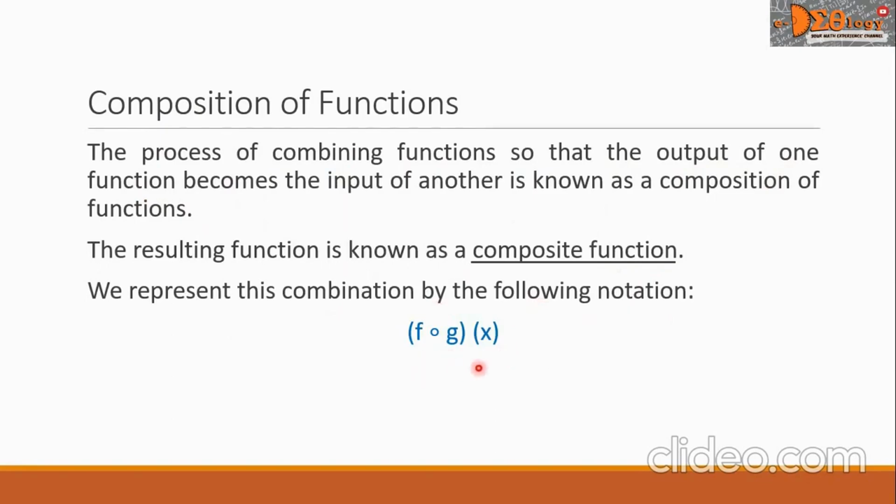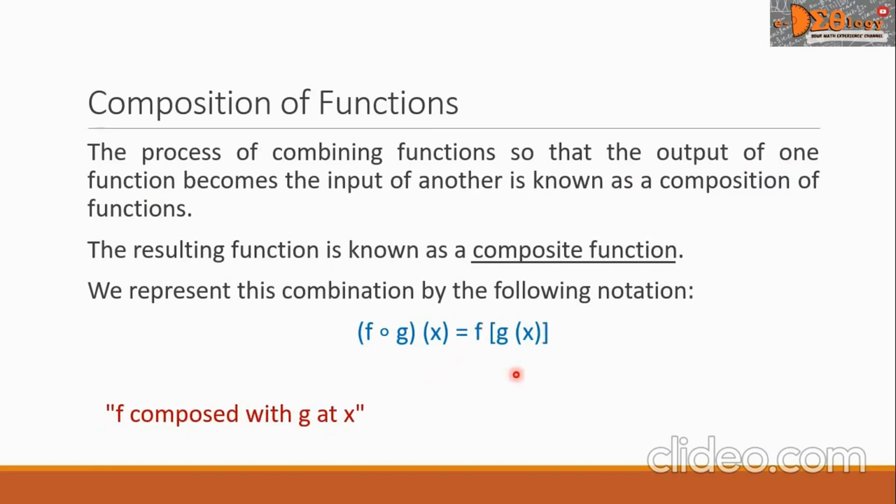This is the notation, and this is read as f composed with g at x. And we will simplify this notation by this, and this is read as f of g of x.